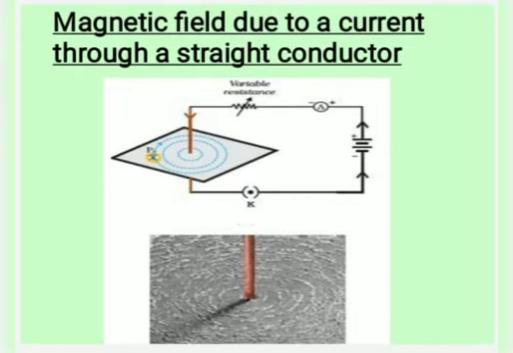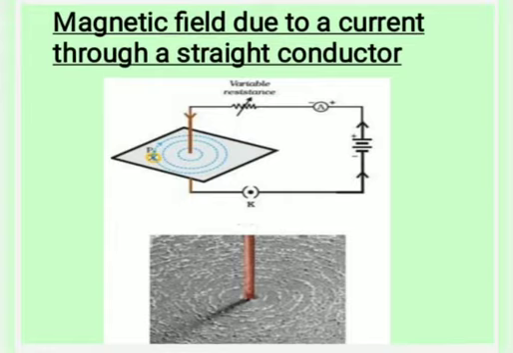This copper wire is also connected to a variable resistance, ammeter, battery and a key. When the key is in the on position, current passes through the circuit and the iron filings form concentric circles around the wire. The circles become larger and larger away from the wire.